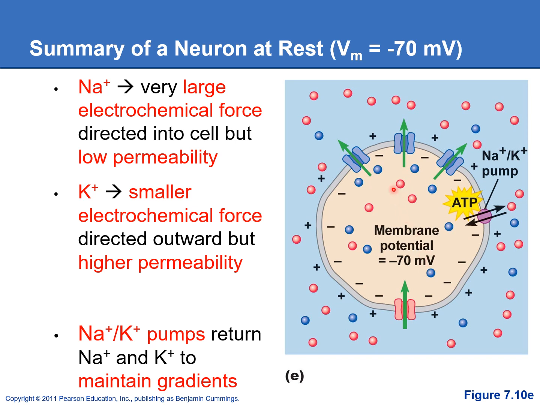And then for potassium, the electrochemical force for potassium wanting to leave the cell is smaller than the electrochemical force for what sodium has. But potassium does have a higher permeability because there's a lot more potassium leak channels. And then we also have the sodium-potassium pump, which is really important to maintain the sodium and potassium gradients and maintain the resting membrane potential of minus 70 millivolts.